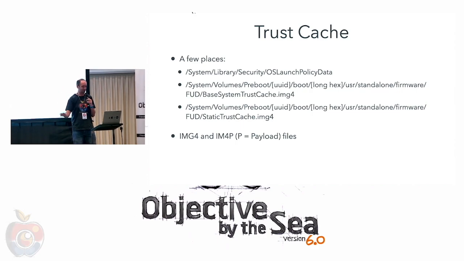Probably some people here know better than me. But basically all of these trust caches will have all this information. Now these files are IMG4 files, at least for the second 2, and the OS launch policy data is an IM4P file. Now this is, I think, a compressed or some binary format to store data on Apple platforms.